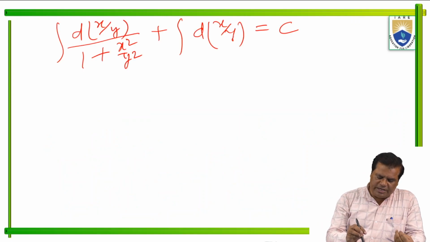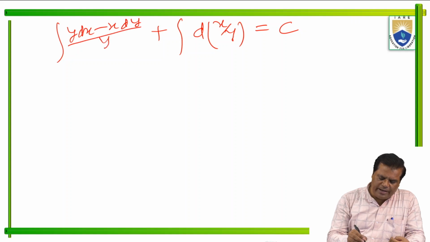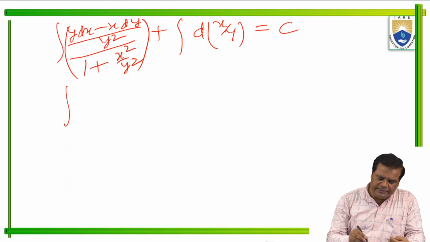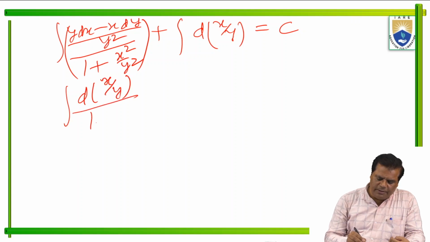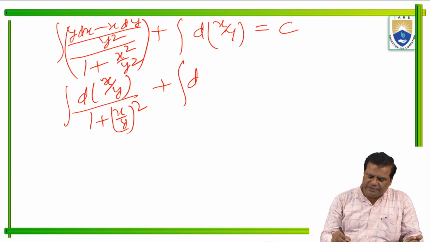I am writing it here this way: d of (x upon y) upon 1 plus (x upon y) whole square, and plus this differential of x upon y equal to C.